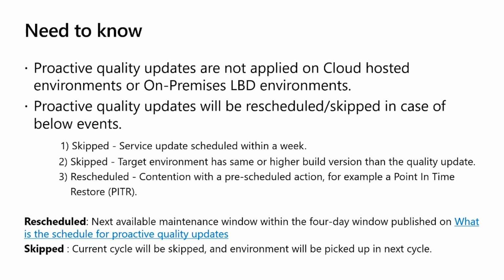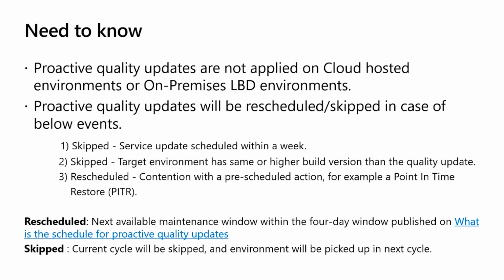So if we reschedule these updates, that means that my proactive quality update will be rescheduled during any of those 3 days. So if we miss it on the first day, it will still apply on the second or third day. Skipping means if we skip that quality update, it will not be part of that train and it will be part of the next schedule, which we keep on publishing on our documentation.